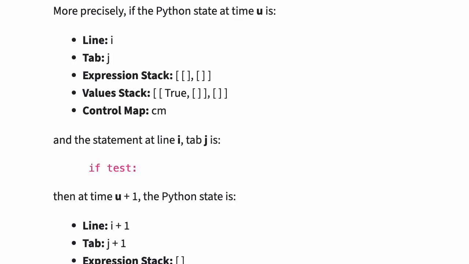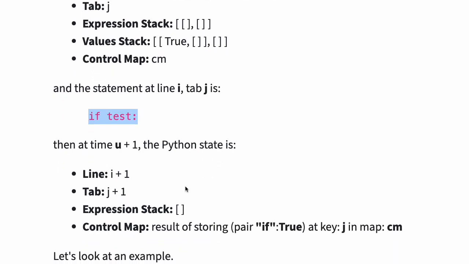More precisely, if the Python state at time u is as follows, where line is i, tab is j, the expression stack has an empty stack, the value stack contains true, and the control map is cm, and the statement at line i, tab j is if test, then at time u plus 1, the Python state is as follows. Line is i plus 1, tab is j plus 1, the expression stack is empty, and the control map is the result of storing pair if true at key j in map cm.